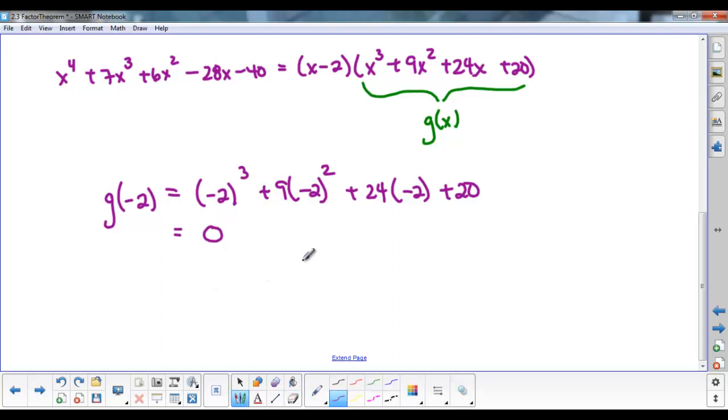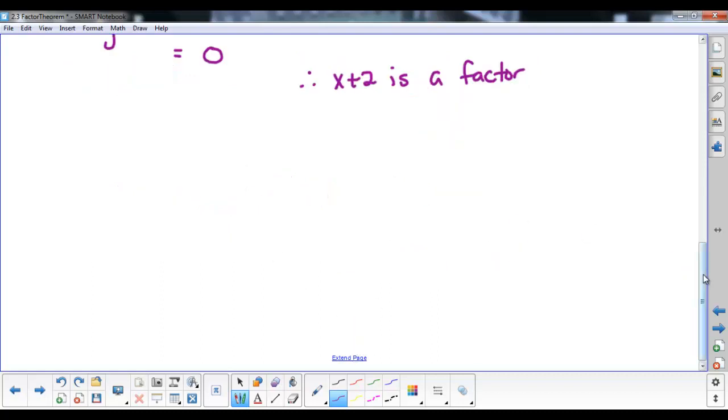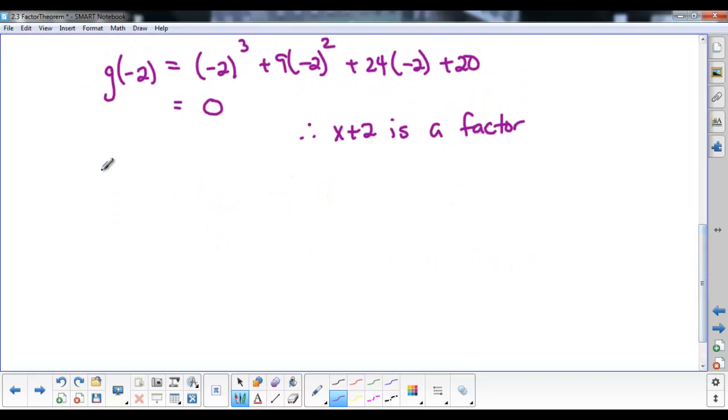So what we do now is we state that x plus 2 is a factor, and we do the synthetic division all over again. So the negative 2, the root, goes on the outside, and coefficients on the inside, 1, 9, 24, and 20.